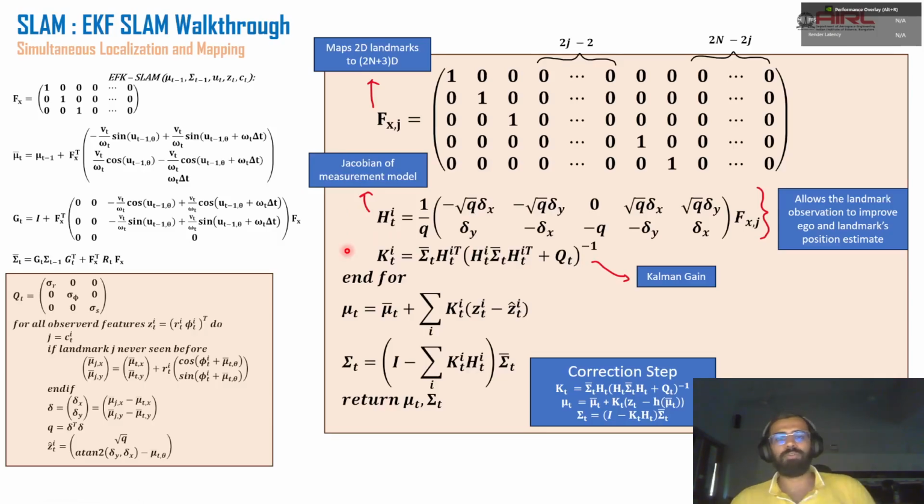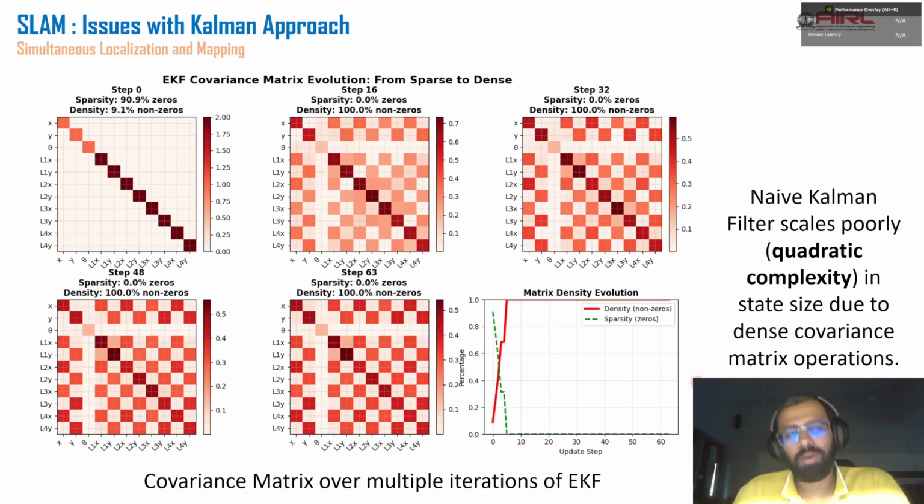So moving forward, I hope I was able to demonstrate the role of the sigma, the role of the covariance increasing, as well as how the landmarks play their own role. Now, a big problem with EKF based approaches is calculation of my Kalman matrix. Why? Because of the covariance matrix which we use.